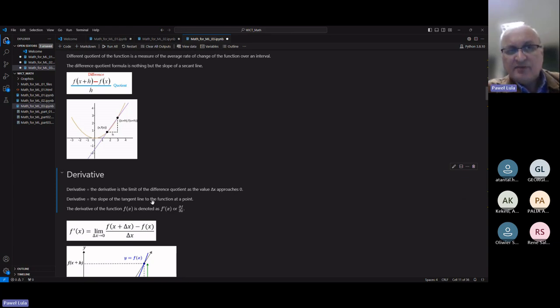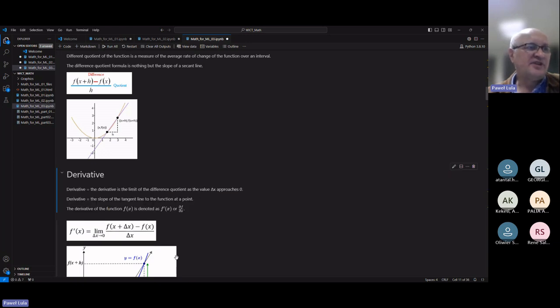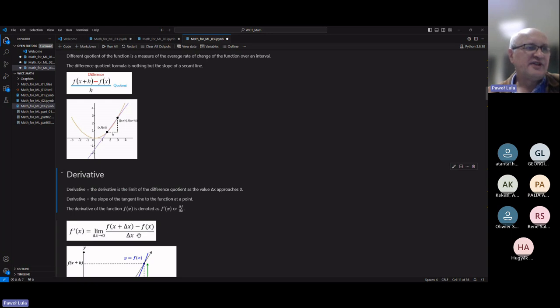Here you see some definitions of derivatives. The derivative is the limit of the difference quotient as the h value... Maybe I will change it. Or maybe not, because in this formula I have this delta x value approaches 0.